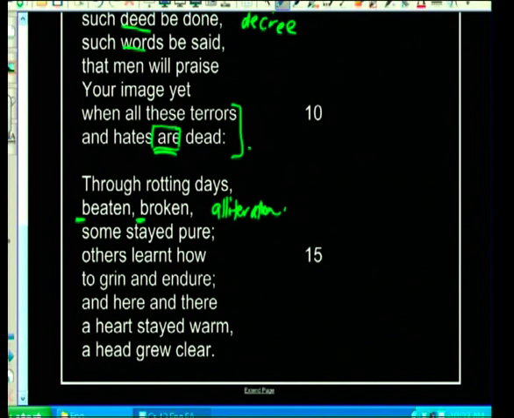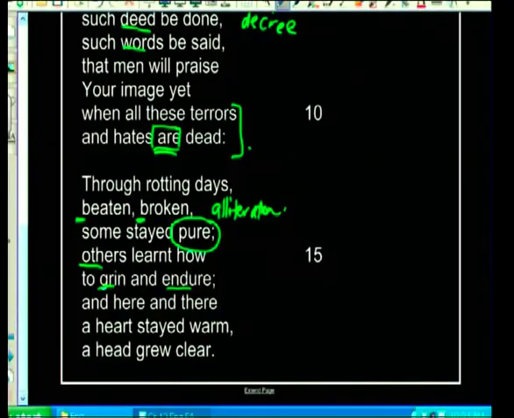He said some of us stayed pure. Some of us managed to stay pure. Others learned to grin and endure. If you remember the phrase, grin and bear it. So we pretended to be happy and we endured it. We remained stoical, we remained tough.